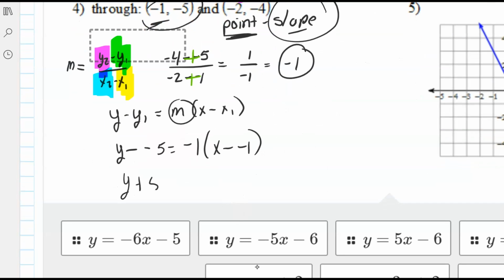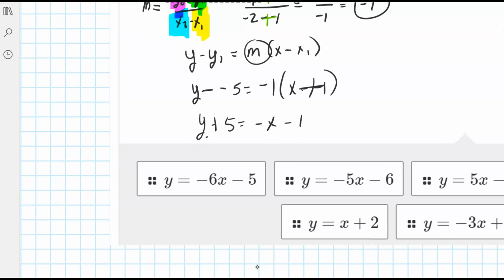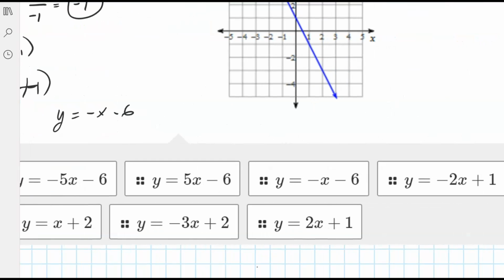Clean it up. Negative 1 times positive 1. And these are all in slope-intercept form, so let's put this negative 5 over here. So we have y equals negative x minus 6.